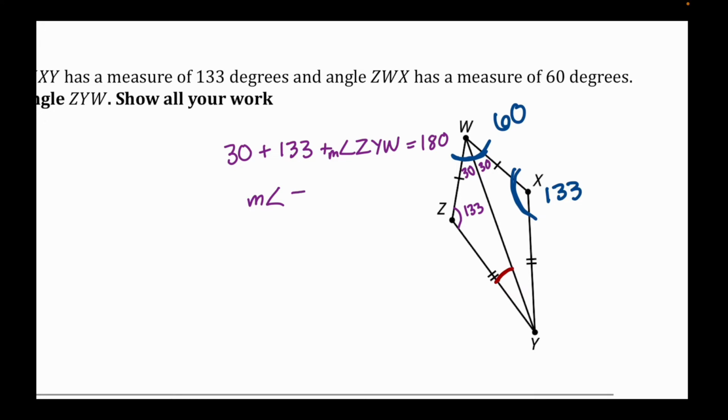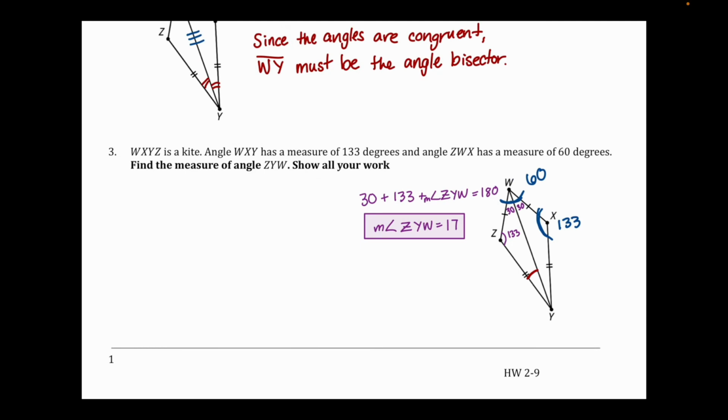So the measure of angle ZYW, if we subtract from both sides the 30 and the 133, we would have 17 degrees. There we go. And that is question 3.